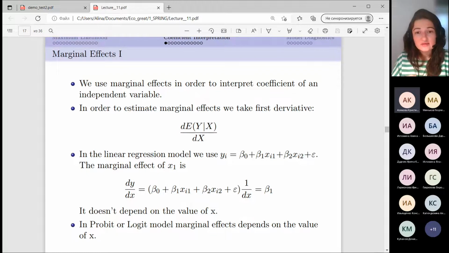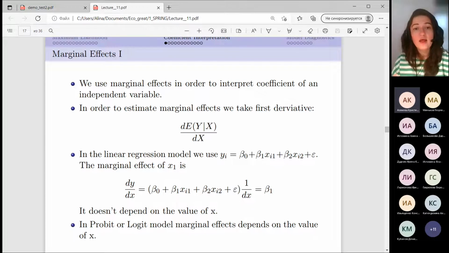Marginal effects tell us how a dependent variable changes when a specific independent variable also changes. So we can define the marginal effect as a partial derivative with respect to x. The derivative gives us the rate of change over an interval which is very, very small.